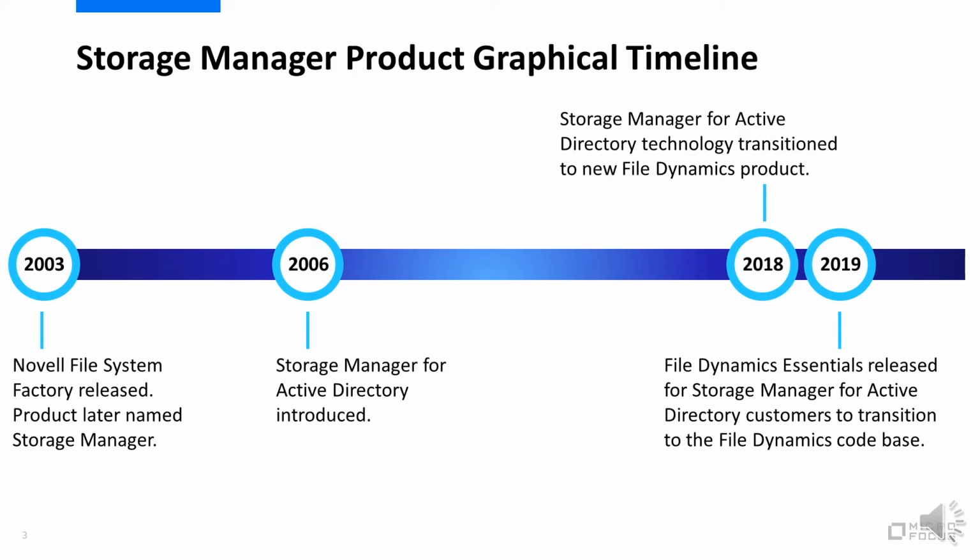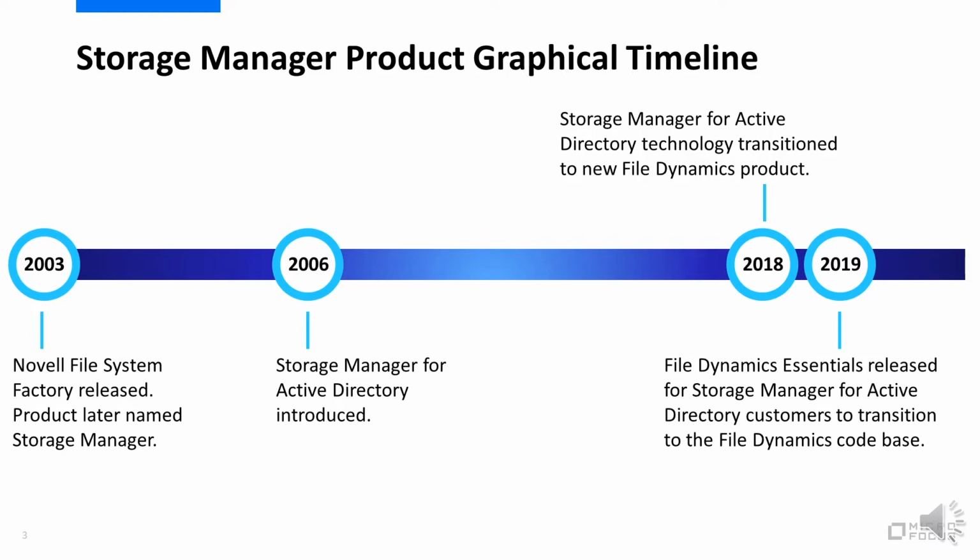The product was eventually moved into the same business unit as Identity Manager and renamed Storage Manager. 3 years later, Novell introduced a version of Storage Manager that worked in Microsoft networks and its directory service, Active Directory.